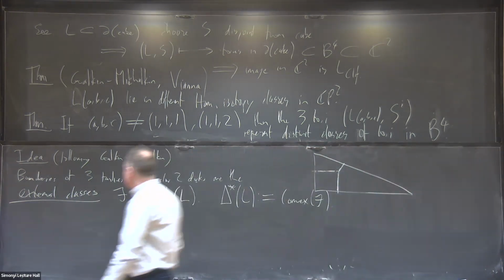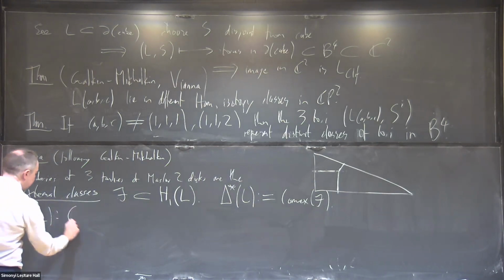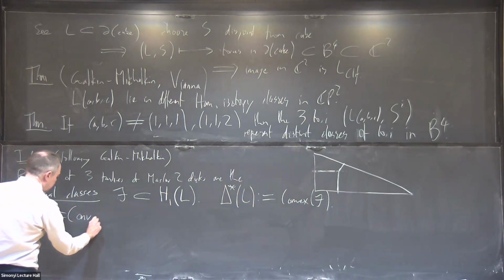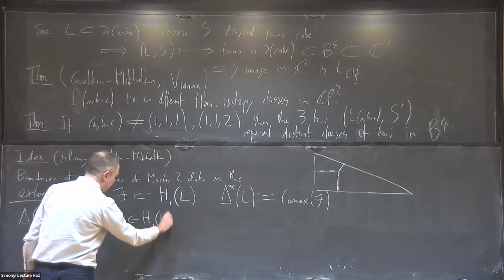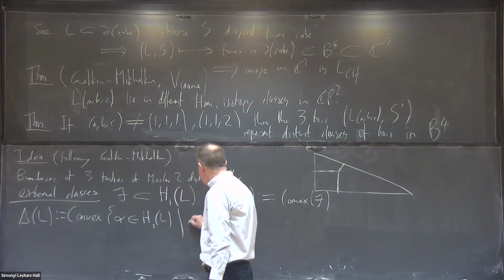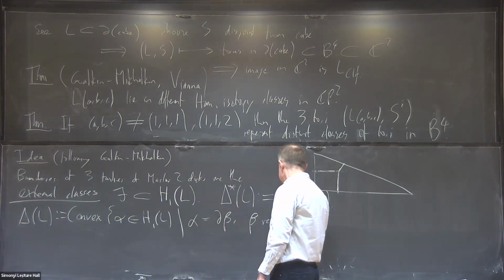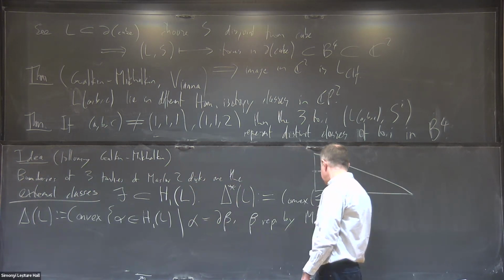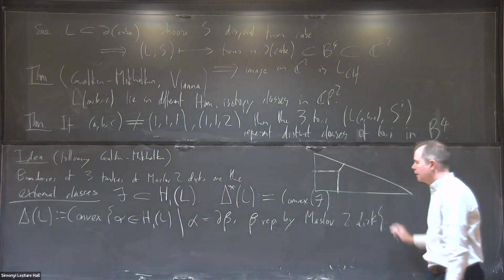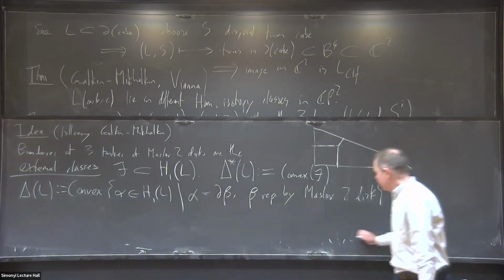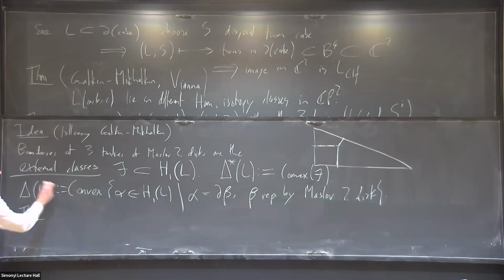You can also define delta L. This is going to be the convex hull of another set of classes in H1 of L. These are the classes alpha where alpha is the boundary of beta, and beta is represented by a Maslov 2 disk. And then the theorem is that these two sets are the same.